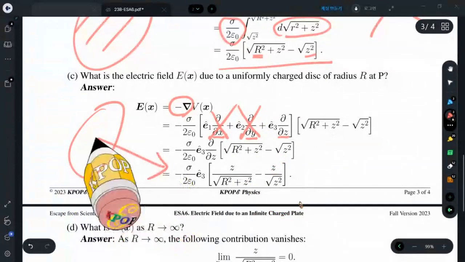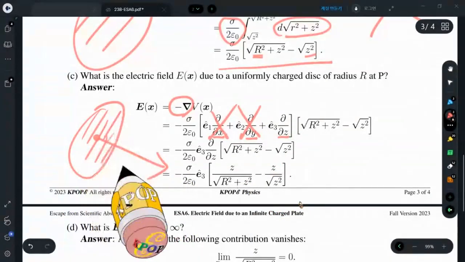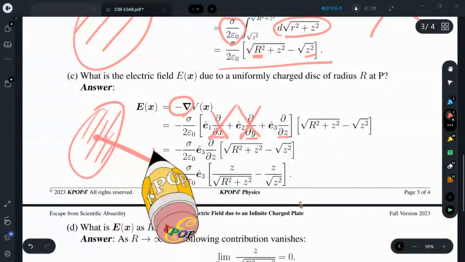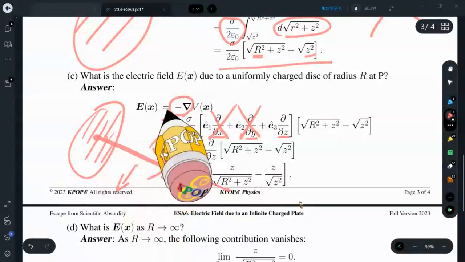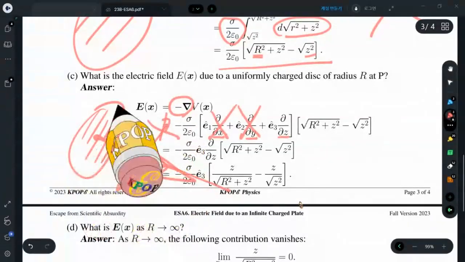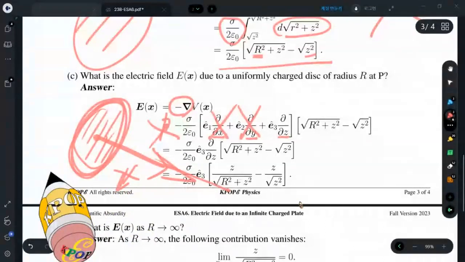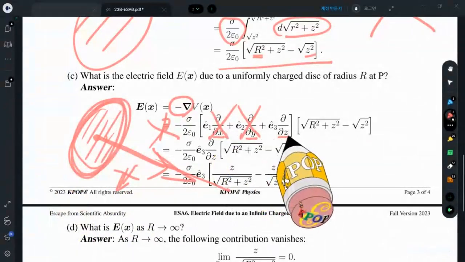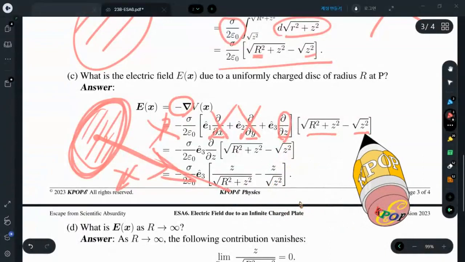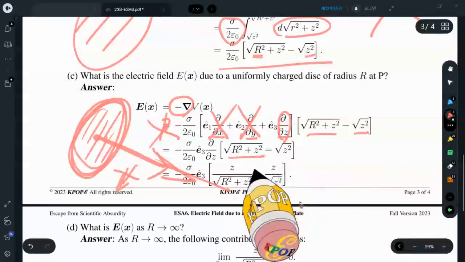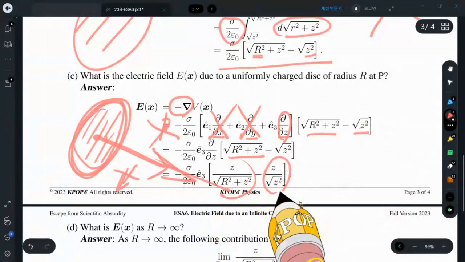That means at the center of the disk, the electric field is along the normal direction, and the tangent components disappear because of the rotational symmetry of this system. Now what we have to do is take the z derivative. Now the z derivative is this.